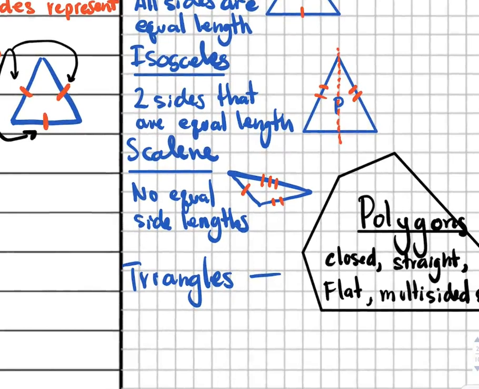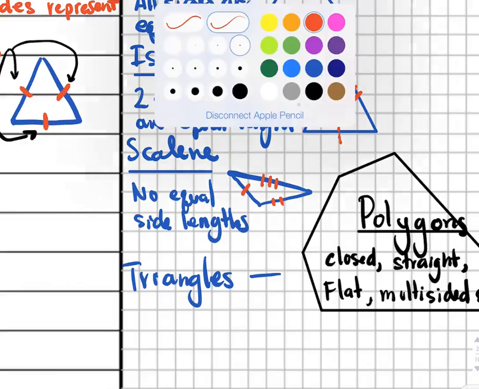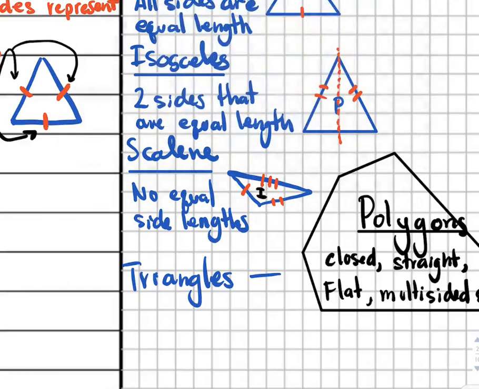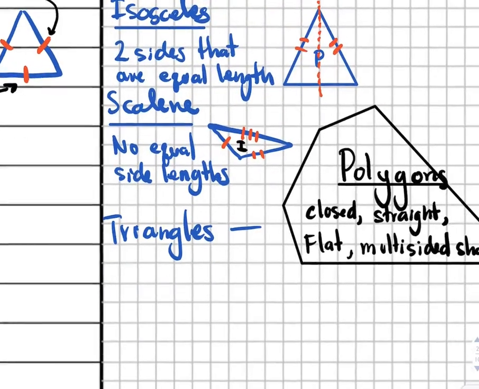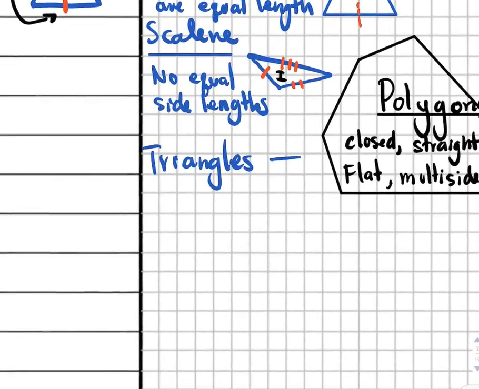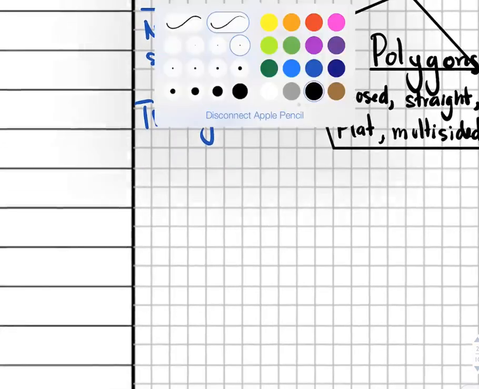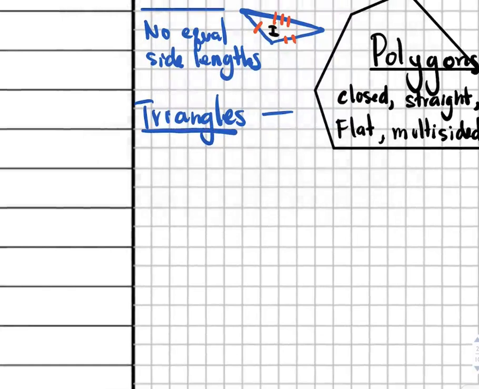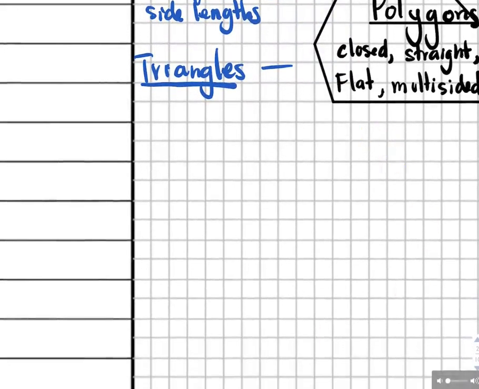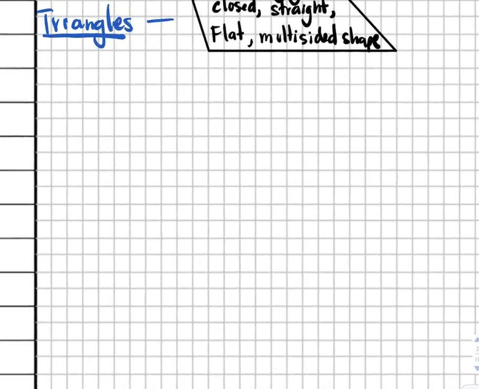An example like this one in your shape set would be shape I. Down here, we're going to define triangles by angle. The three different angle types we have are acute triangles, right triangles, and obtuse triangles.